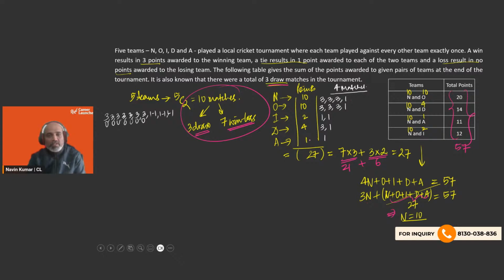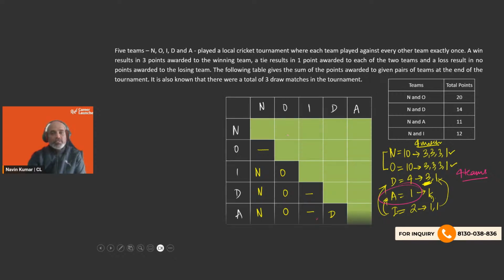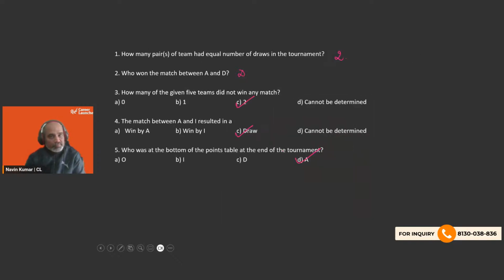Otherwise, if we take 3-3-1-1-1-1, that's not going to happen, because if N is going to have 4 ones, that means he is going to draw 4 matches. But in the question it is given that there are only 3 draw matches. Same is true for O. Then the representation is required, where we can figure out the end result of every match. Once we are done with that, only then can we go ahead and solve the questions.